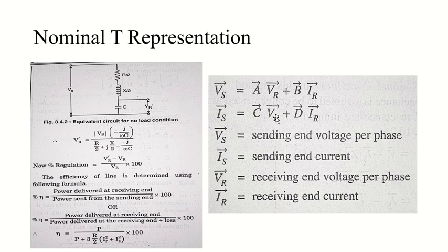They are the receiving end voltage and receiving end current, and the entity which is multiplied with VR will be C, and what is multiplied with IR will be D. So let's try to mold our solution such that it looks something like this: Vs equals A dot VR plus B dot IR.